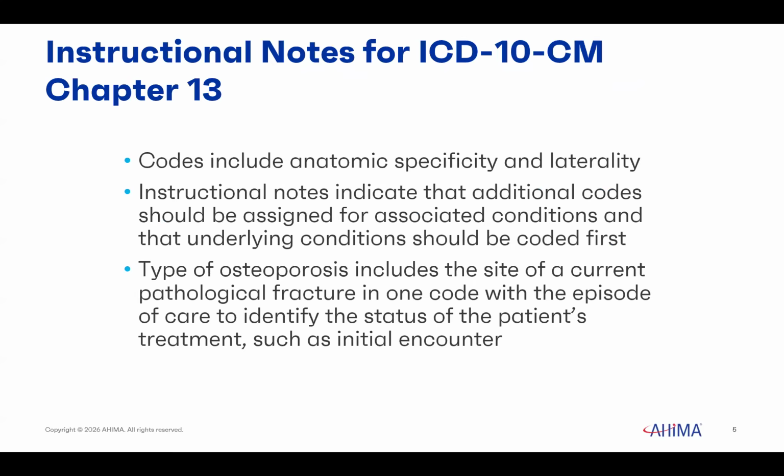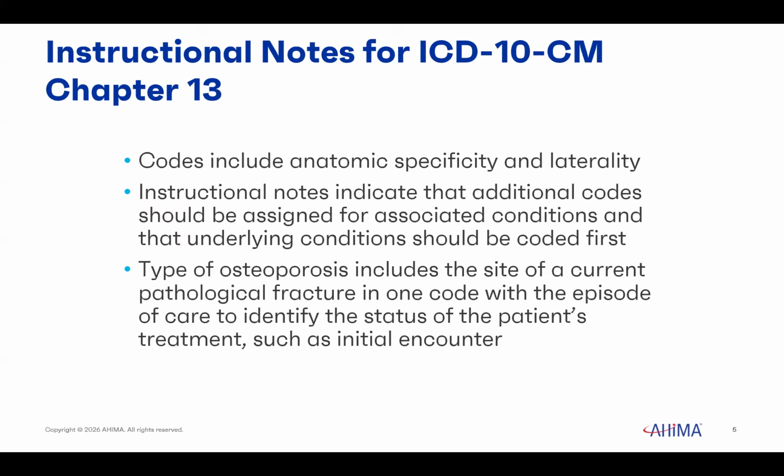A key component here is that these codes are specific. Many codes require you to identify the exact location and the side of the body. Back to laterality again. You'll see instructions to code related conditions separately or to list the underlying causes first. And there's no universal rule.